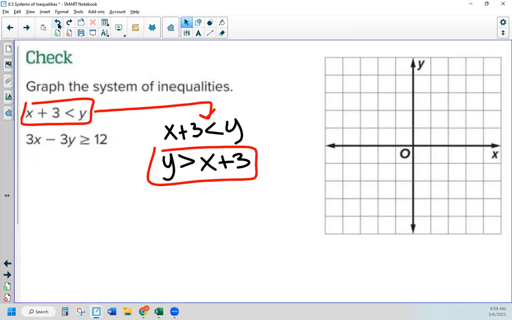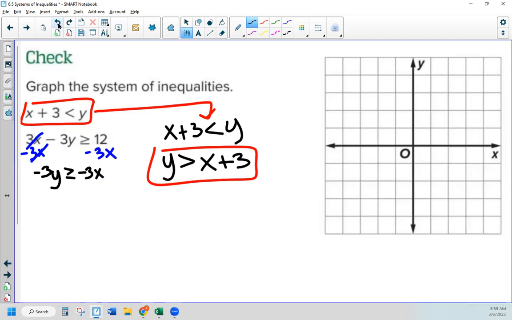And then we look at this bottom one, where I'll take 3x to the other side by subtracting. That is going to now give me -3y. Don't forget to keep your 3y negative. The sign stays the same. I'll write -3x, and 12 was positive. Now I'll take the 3, which is negative, to the other side by division and divide everything equally by the same thing.